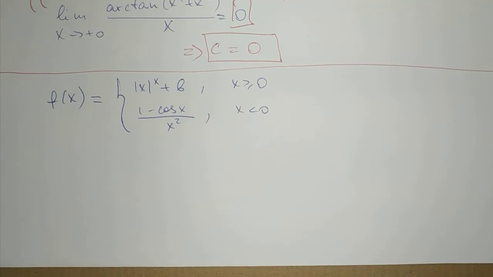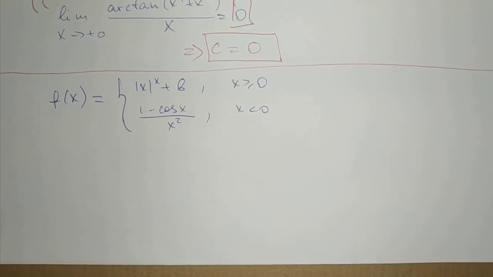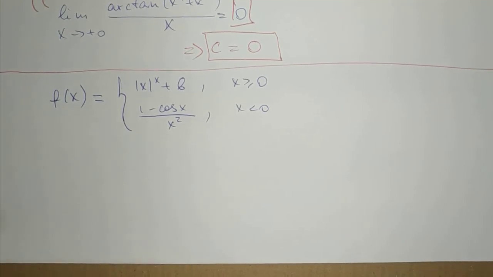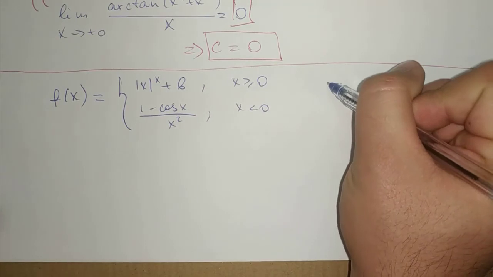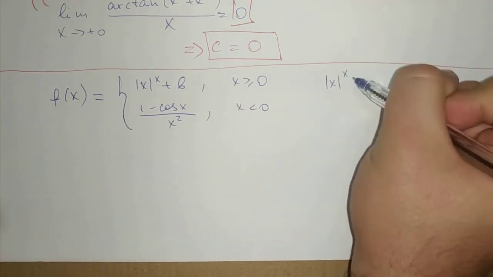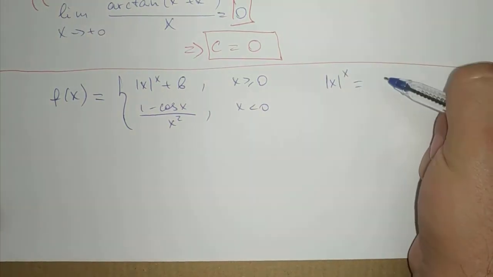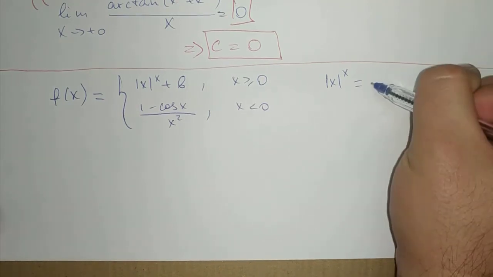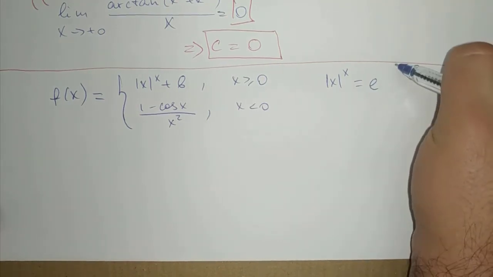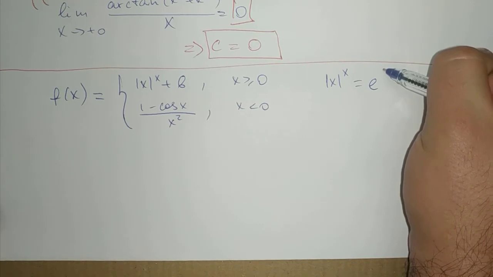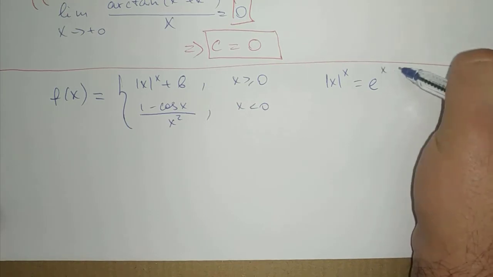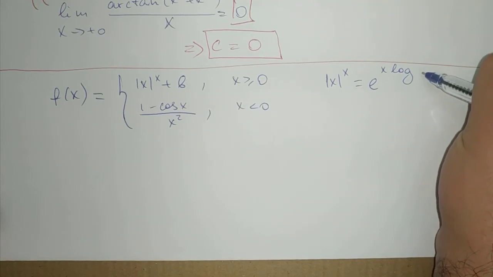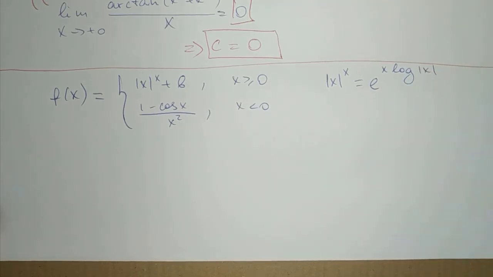Okay, now here the main one is absolute value of x to the power of x. We can write the absolute value of x to the power x as e to the power of x times the logarithm of absolute value of x.